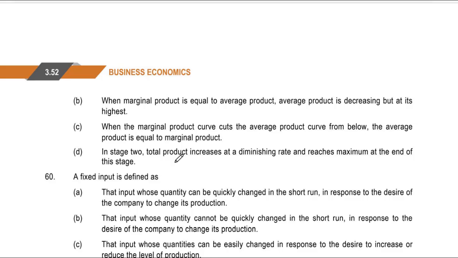C. When the marginal product curve cuts the average product from below, the average product is equal to the marginal product. Or D. In stage 2, the total product increases at diminishing rate and reaches maximum at the end of this stage. The answer is D.